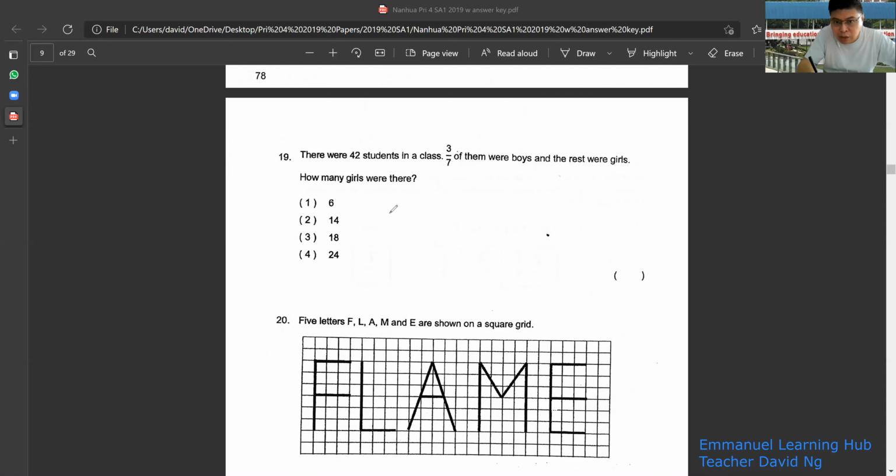Yes, 1 whole is the whole class. But I'm interested in the fraction that are girls. What must you do? No, no, no. 3 over 7 are boys. I have 1 whole. Let's say I divide into 7 parts.